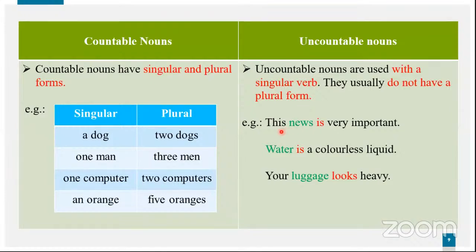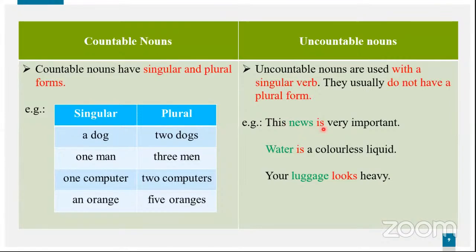This news is very important. In this example, news is an uncountable noun and we use it with a singular verb form, right? Here, when you see news, you may think it's plural because of the letter S. But it's not like that. It's a singular thing, right?